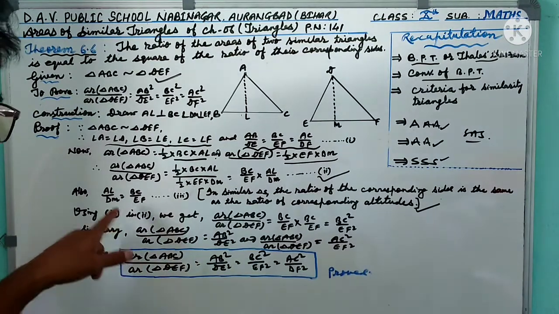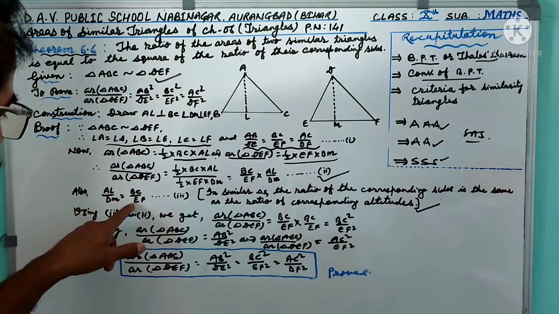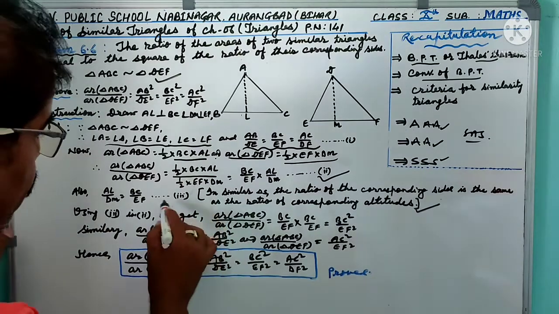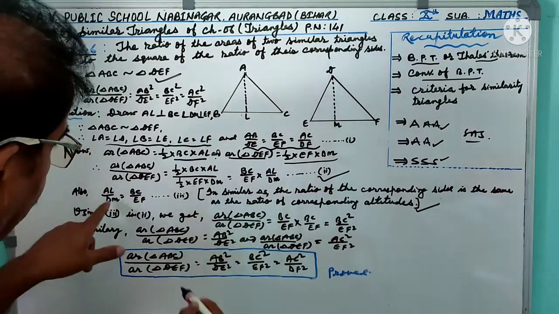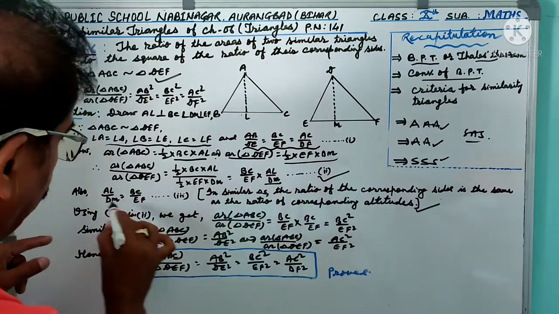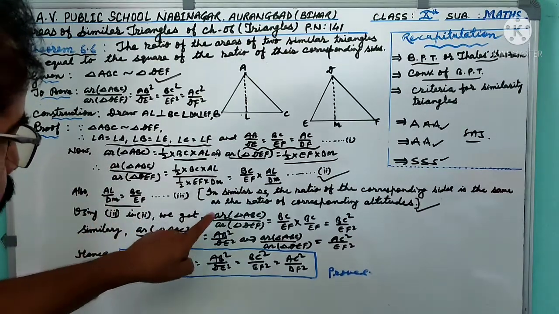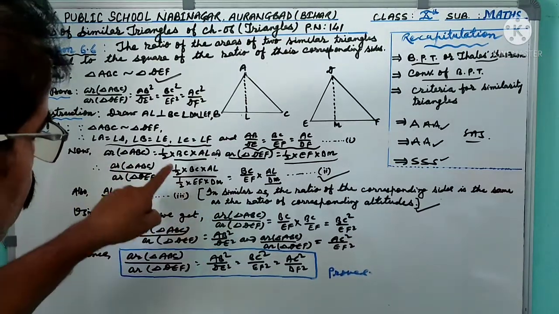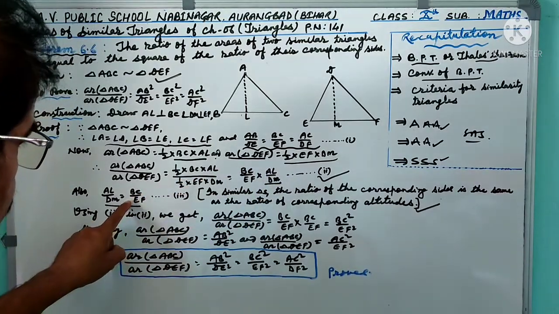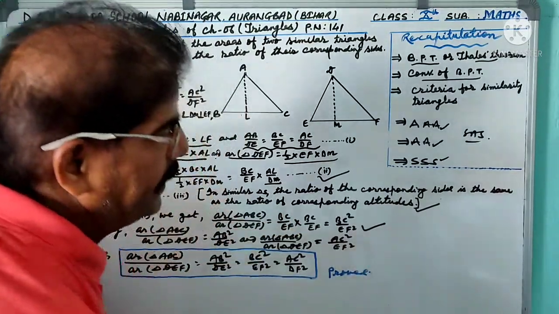So AL by DM equals BC by EF. Using this in equation 2, area of ABC by DEF equals BC by EF into AL by DM, which is BC by EF into BC by EF, so BC by EF whole square.